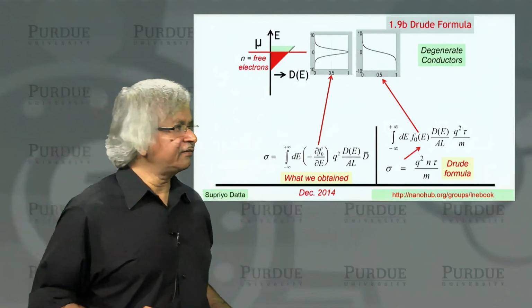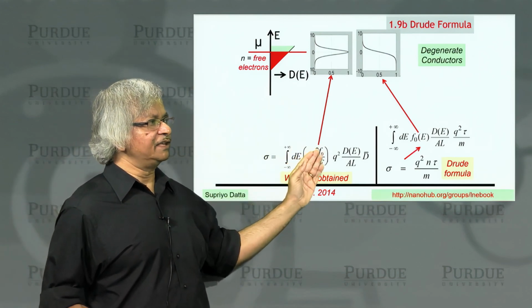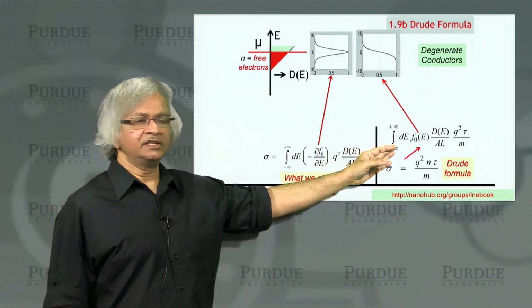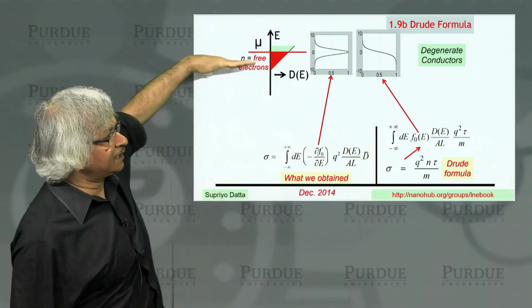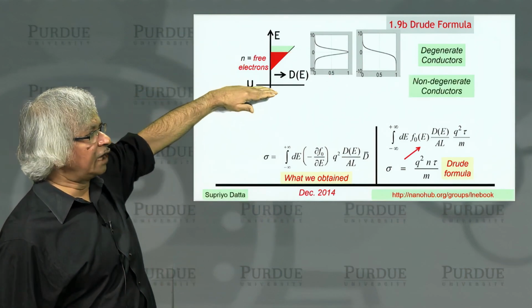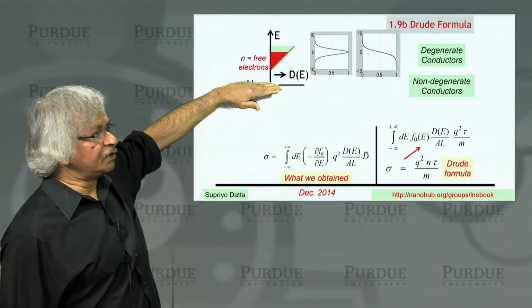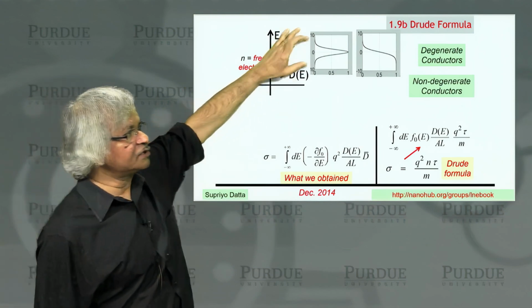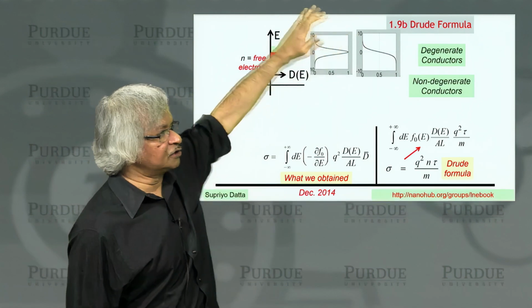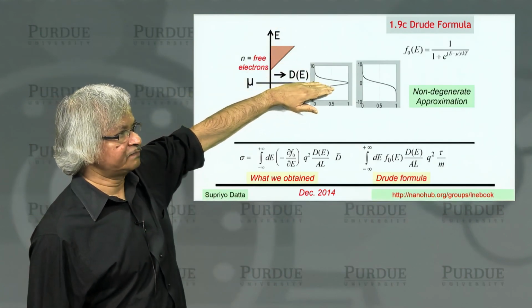And for non-degenerate conductors, it's relatively easy to see the connection between this and that. So what's a non-degenerate conductor? Well, it means that the chemical potential, instead of being up here, is actually down somewhere here below the band. So if it's below the band, that means, of course, these functions are also moved down, right around where the chemical potential is.